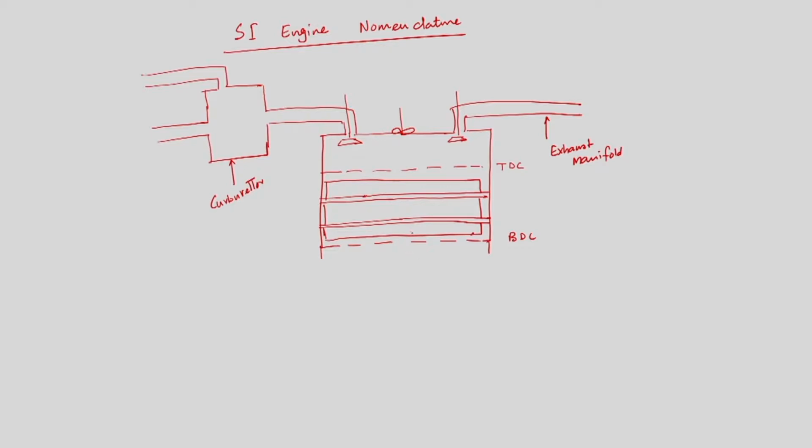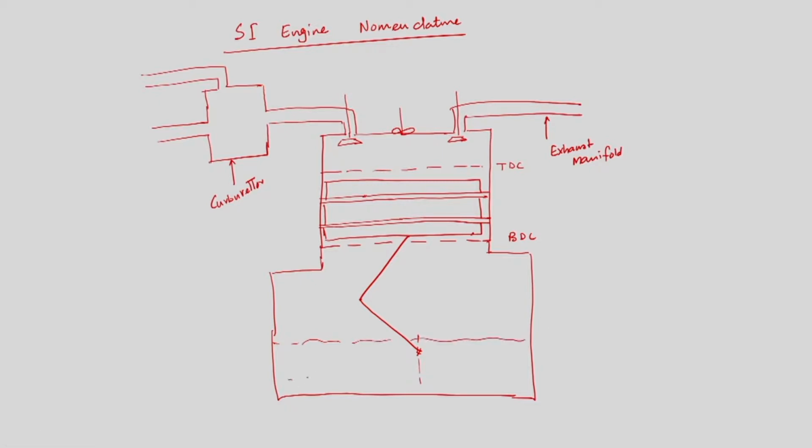This piston is connected with the crank and connecting rod mechanism, and this is the oil pan. I will discuss one by one, and this is rotating like this.